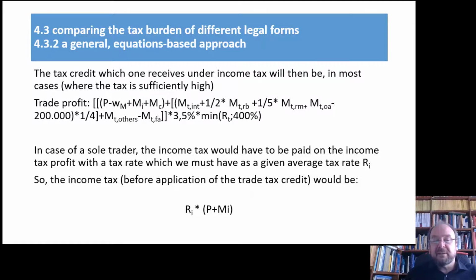That would be calculated as your trade tax base, taken times 3.5%, and then either taken by 400% or your local trade tax rate. And so that can be defined as the minimum of the trade tax rate and 400%.